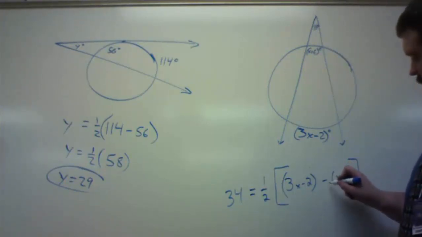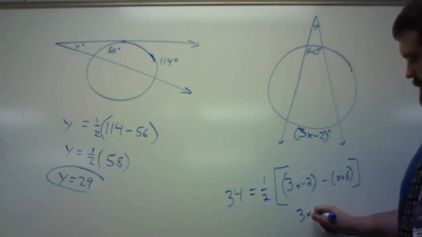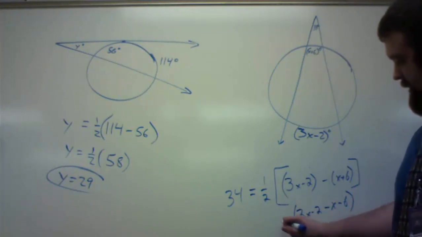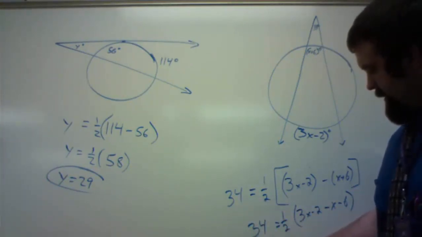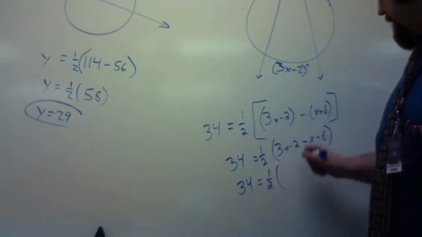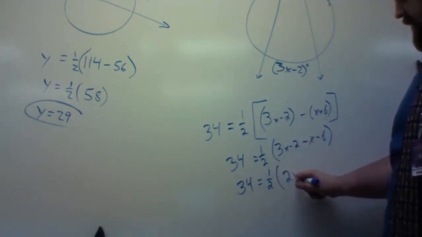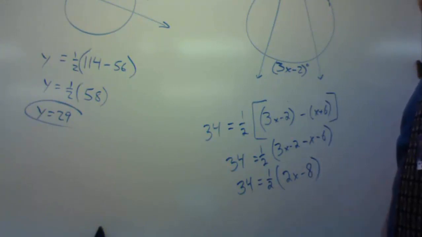This negative 1 gets distributed, so this is going to be 3x minus 2 minus x minus 6 on the inside. And 34 equals half of this simplified. And this simplified is going to be 3x minus x, which is 2x, negative 2 minus 6, or negative 8.